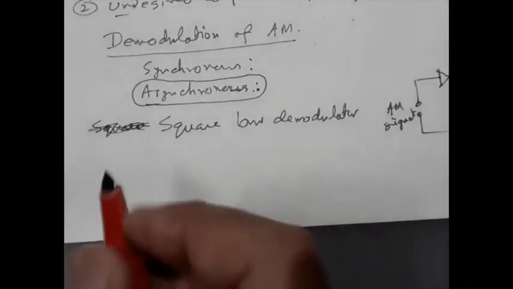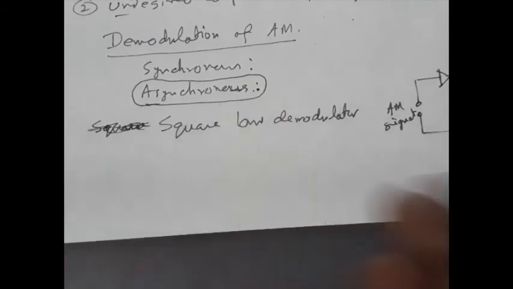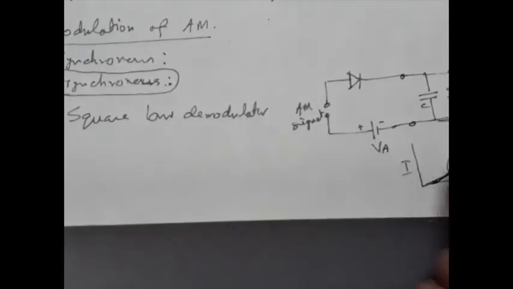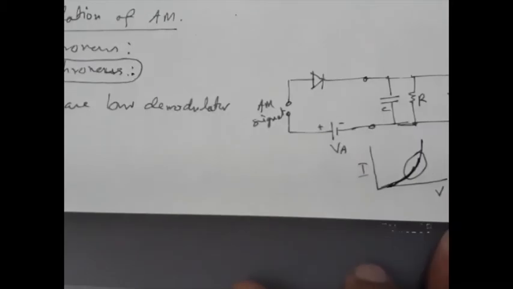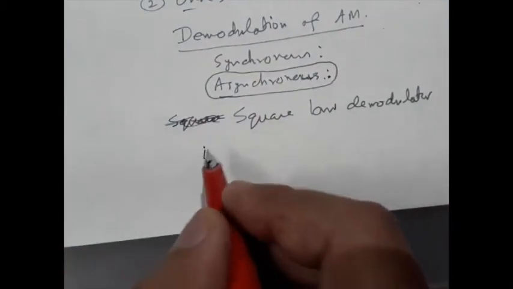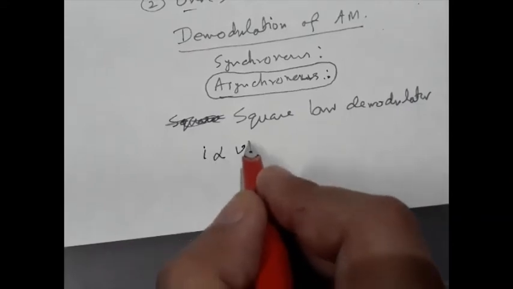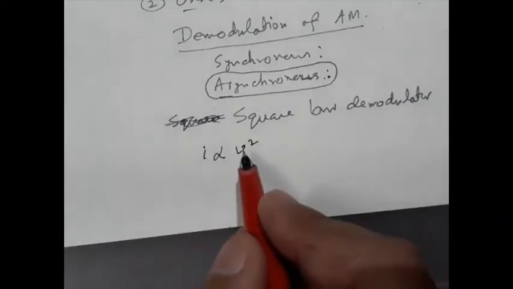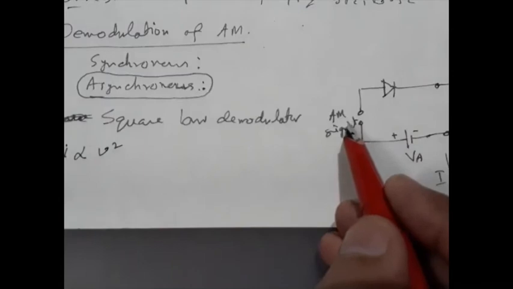In this nonlinear region, the current and voltage relationship is nonlinear in nature. So we can write the current is proportional to V square, where V is this AM signal.